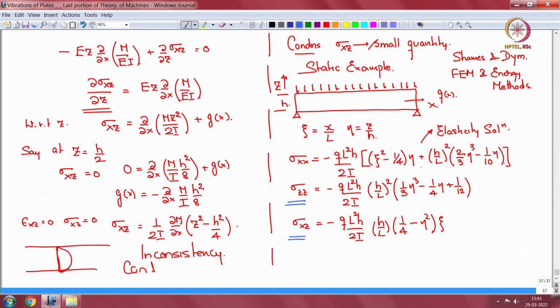So now when do the two theories meet? So here the xx is without this term. When do the two theories meet? When h by L is small. When h by L is small, this term is 0 or negligible. It is equal to this which comes from Euler Bernoulli beam theory. This term goes to 0, which Euler Bernoulli beam theory says, and this term also becomes small such that elasticity and the beam theory come together. So that is the condition.